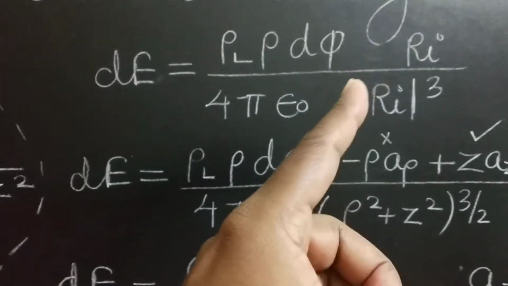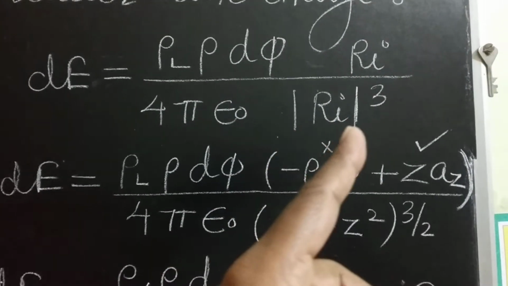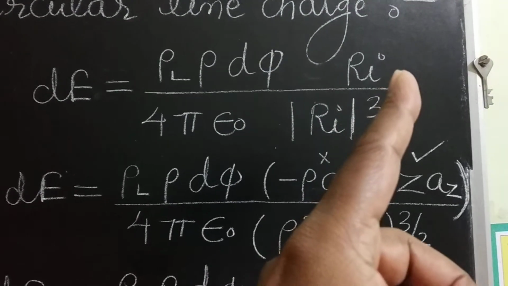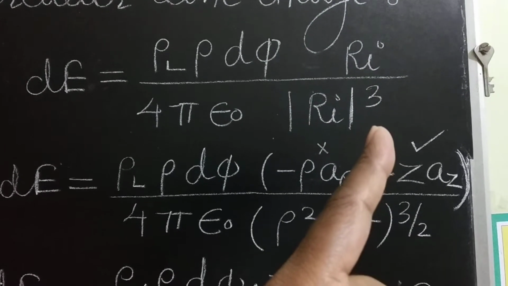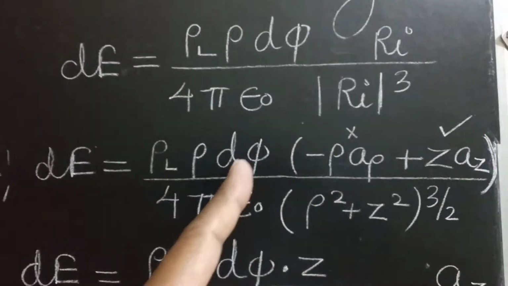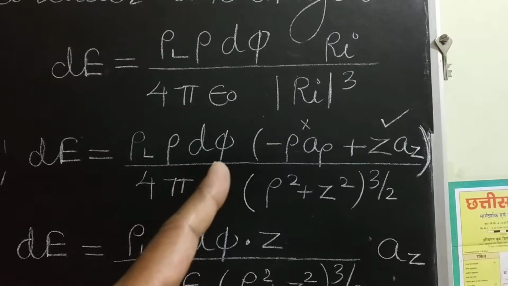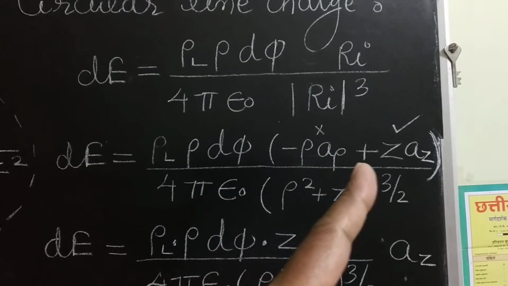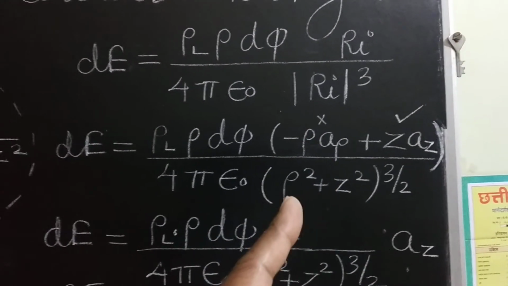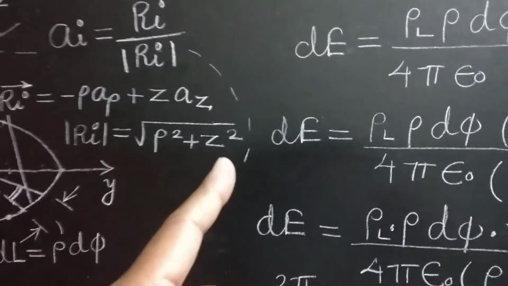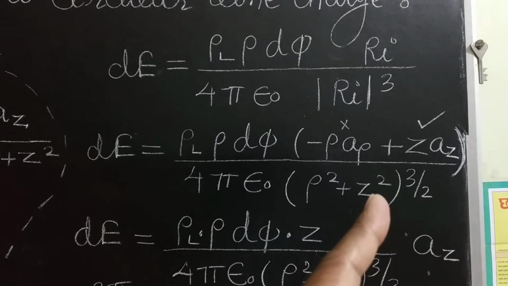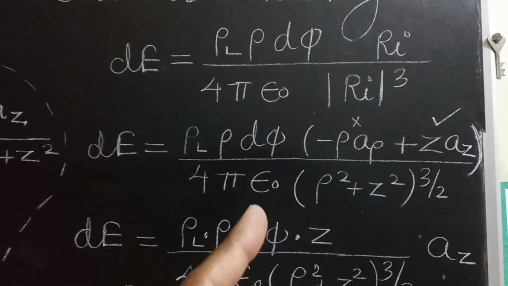If we write like this, we will have Ri upon Ri magnitude cubed. This we have to note, because a i is equal to Ri upon Ri magnitude, so this distance square becomes distance cube. Now we go ahead by putting Ri, which is minus rho a rho plus z az, and the magnitude, which comes out to be square root of rho square plus z square, so this becomes rho square plus z square to the power 3 by 2. Thus, this is the value of dE.